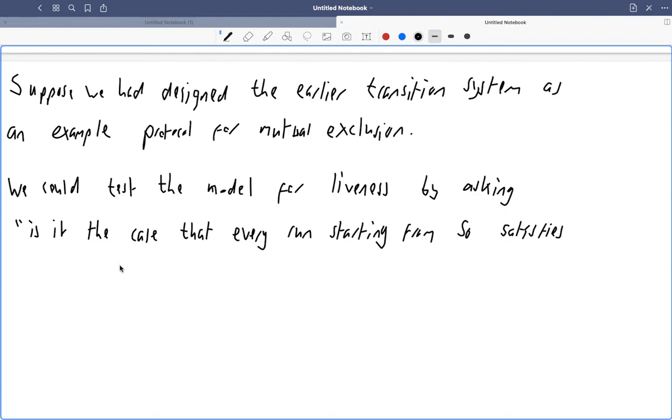So that was G (T1 implies F C1) and (T2 implies F C2).